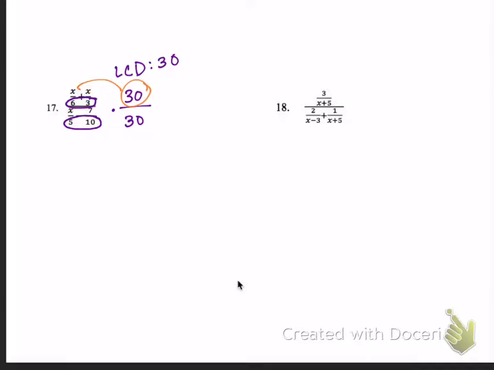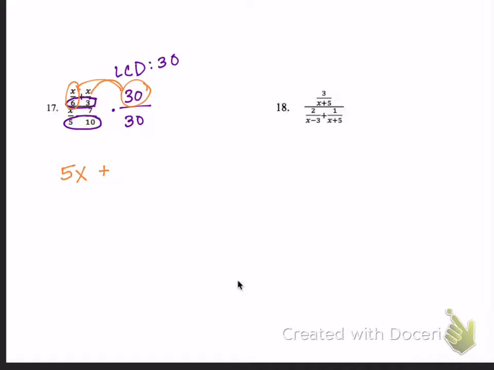And so if I look at the top, if I were to take 30x over 6, that reduces to what? 5x, because 30 over 6 is 5. Plus, then I take the 30 times x over 3.